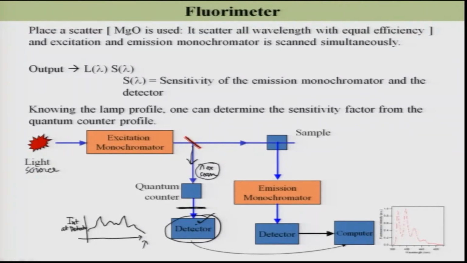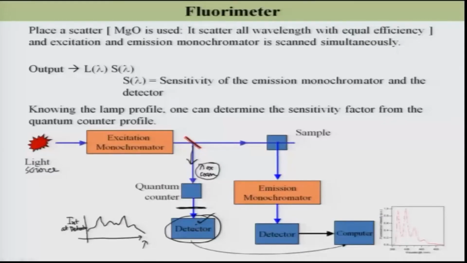Whether the detector efficiency is the same for different wavelengths or not does not matter in this case, so I do not need to correct the detector response. If I now measure the total emission coming out of this quantum counter as a function of lambda excitation, I get this pattern, and this is nothing but the spectra of the lamp as I showed over here.